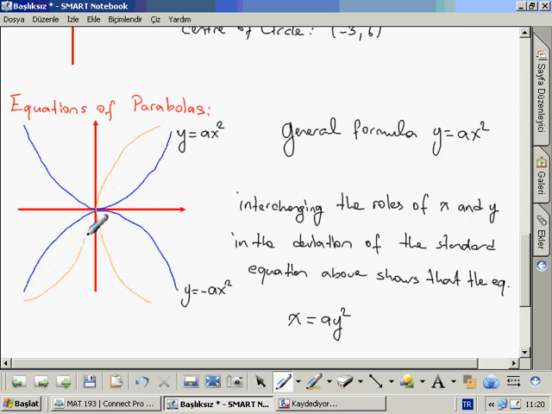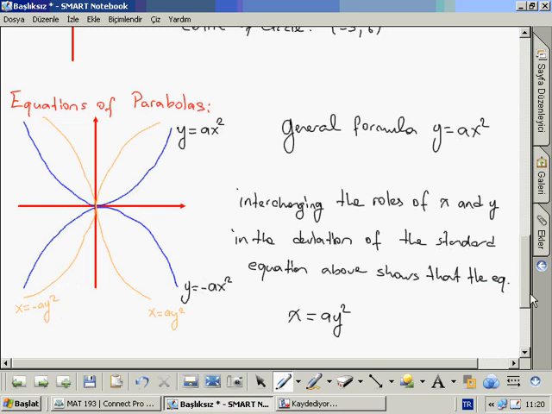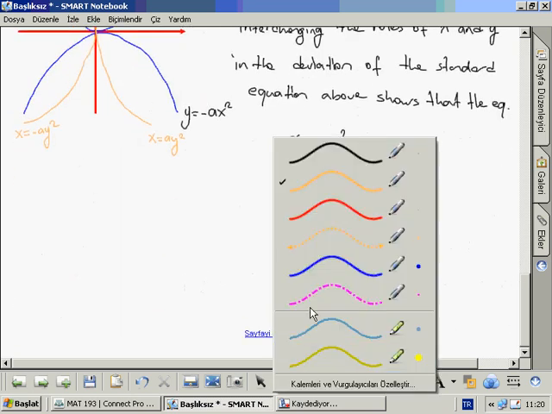This is x equals a times y squared, and this one is also x equals minus a y squared.